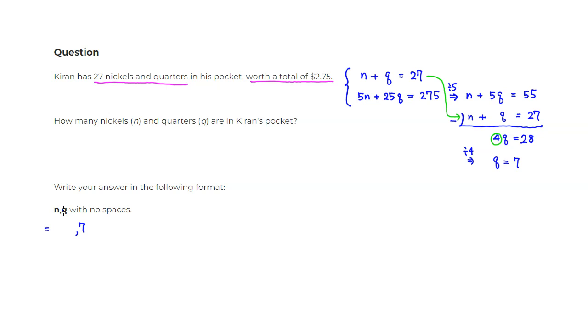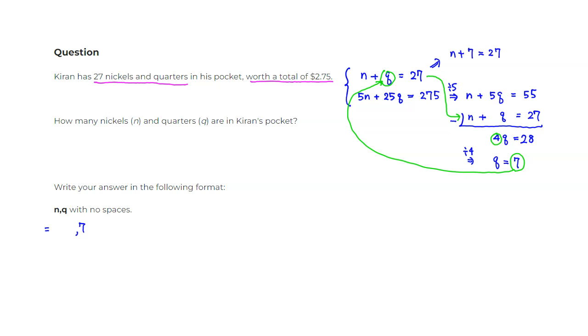Then we want to find the n value, and an easy equation to work with is the very first equation. So I'm going to plug 7 into the first equation here. So you have n plus q, and q is already 7, is equal to 27.